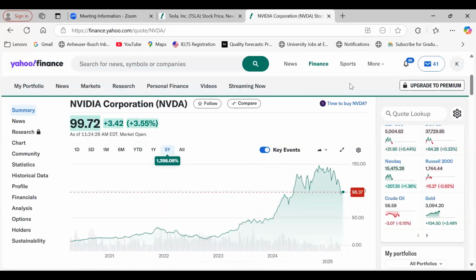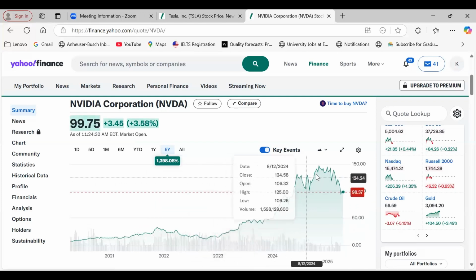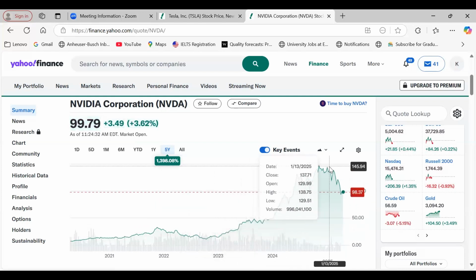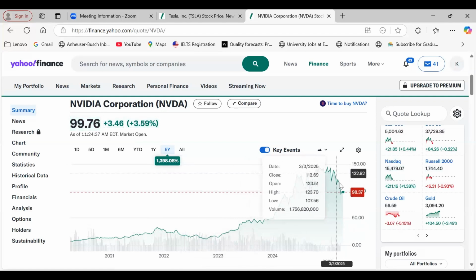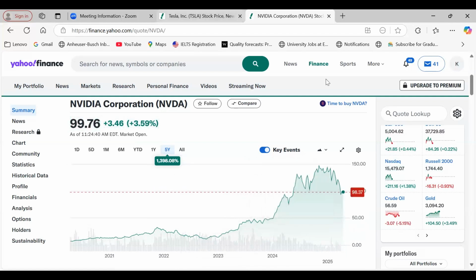If you look at NVIDIA, it had a more upward trend, and then it trended upward until a peak of about, let's say, November, and then it began to decline.